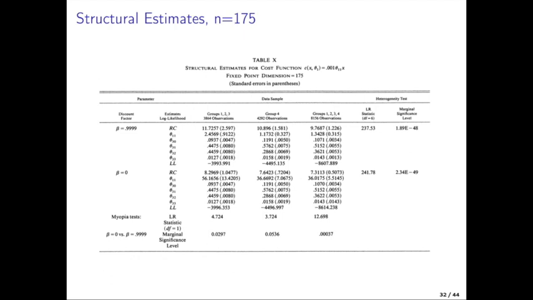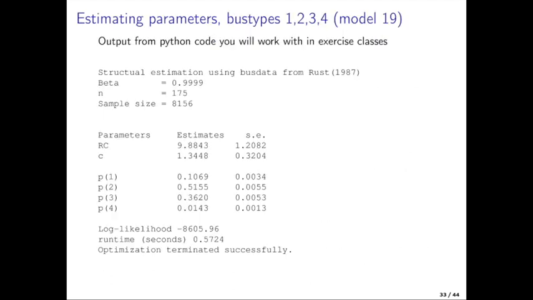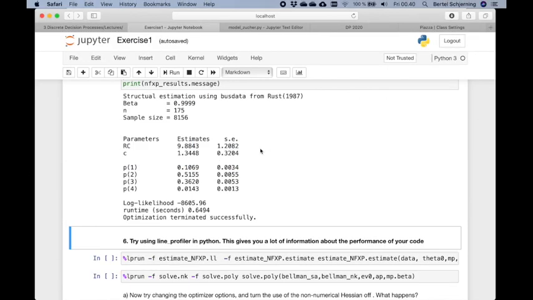And this is why a static model is severely under-predicting what the cost of replacement is. I think that's enough about interpretation of these structural estimates coming out of this paper. In the exercise we'll try to see if we can estimate it. This is just the Python output that I pasted into the slide deck for you to see if you can get the same result as a check when you do the exercises. So let's check if they're the same.